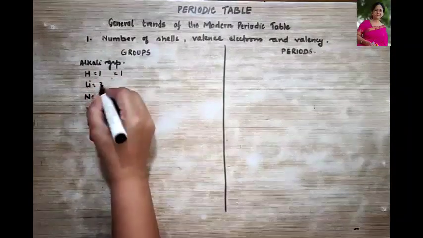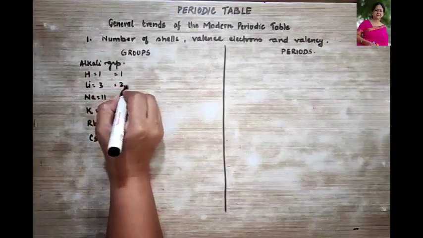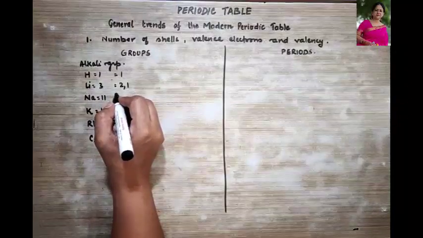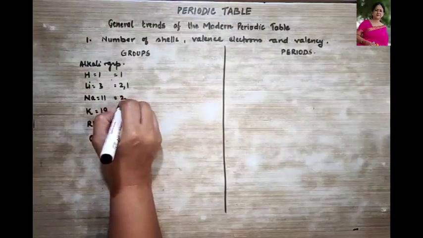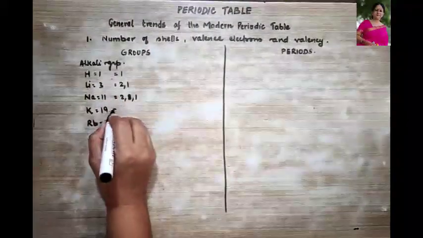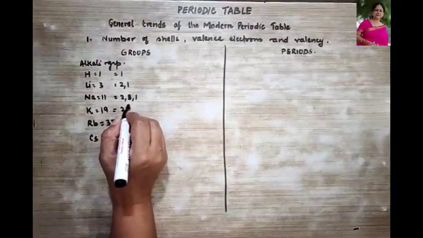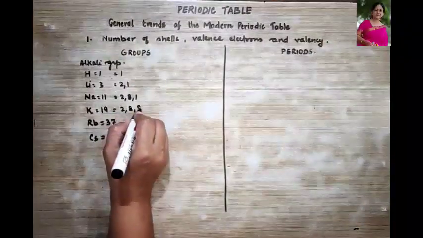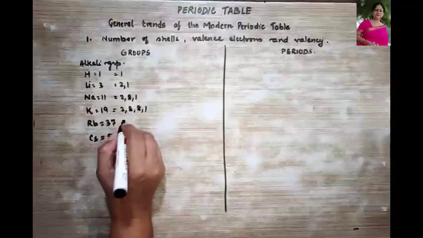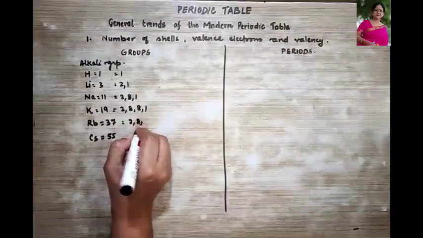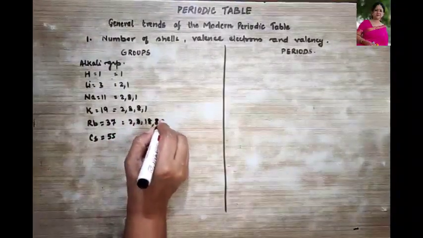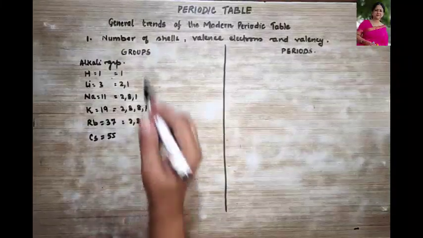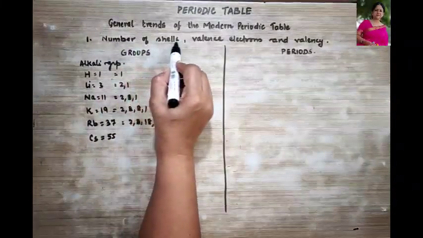Hydrogen is 1, lithium is 2, 1, sodium is 2, 8, 1, potassium is 2, 8, 8, 1, and rubidium is 2, 8, 18, 8, 1 and so on. So what do we know about the number of shells?